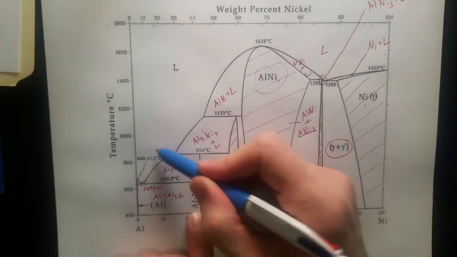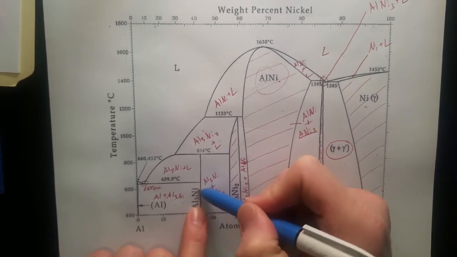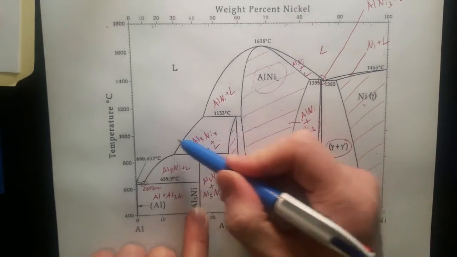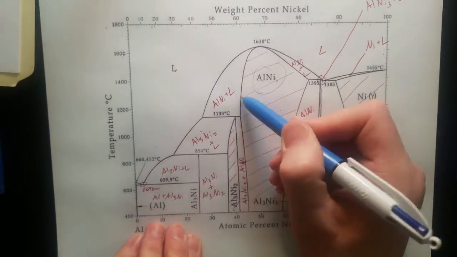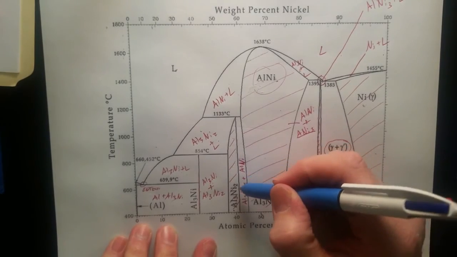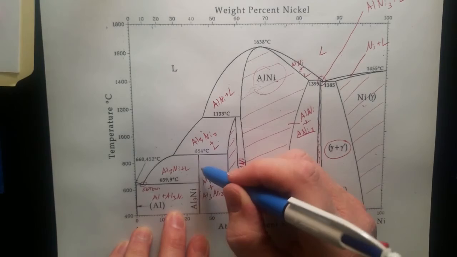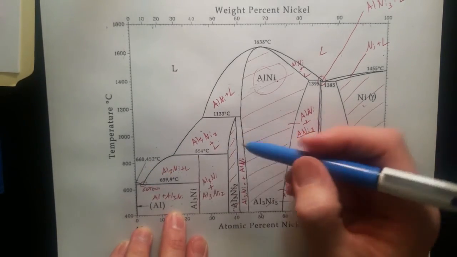In this case, it's in contact with liquid. In this case, it's in contact with Al. This Al3Ni is in contact with liquid. This AlNi is in contact with liquid. So single phase, two phase, single phase, two phase, single phase, two phase, single phase. Two phase, single phase, two phase, single phase.